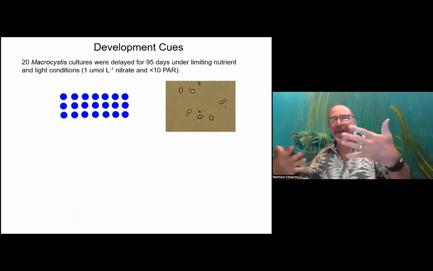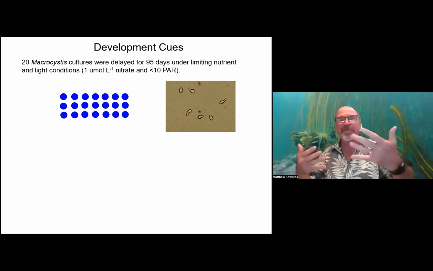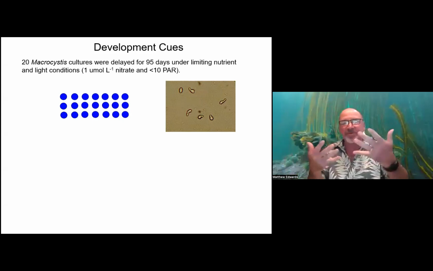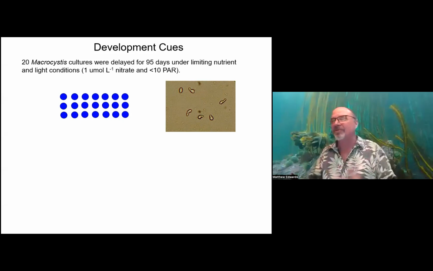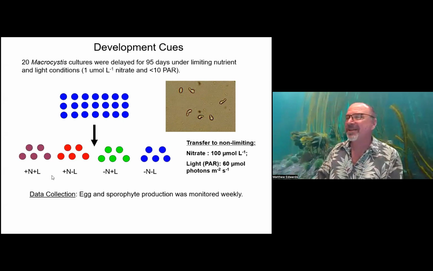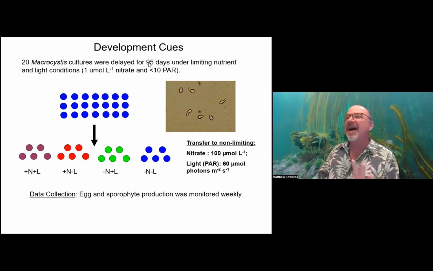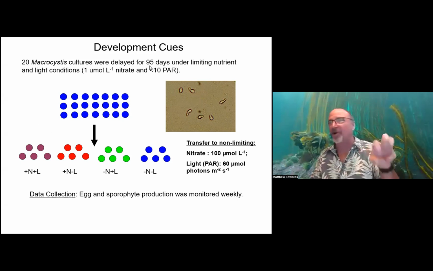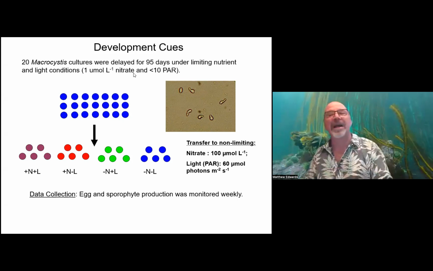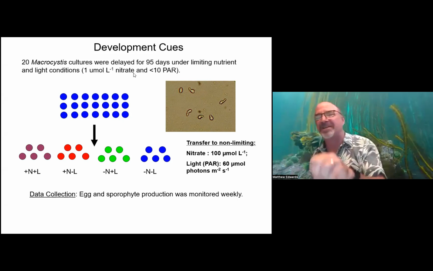So those two things we have seen so far seem to be important in regulating when things recruit. So to tease those apart, she seeded these, and then we did experiments where we held them for 95 days under limiting conditions, very low light and very low nitrate. So we held them quiescent, dormant.